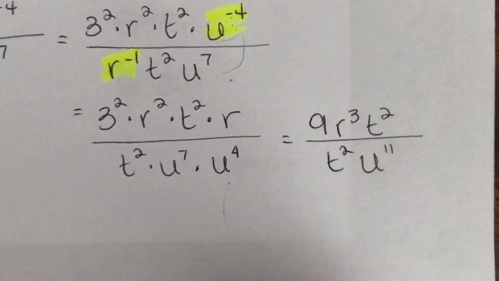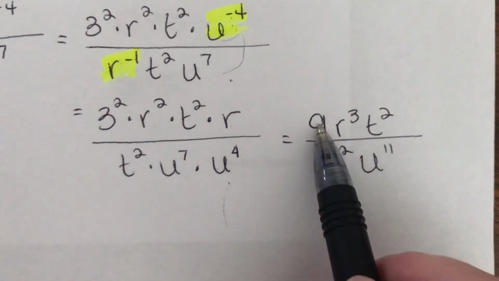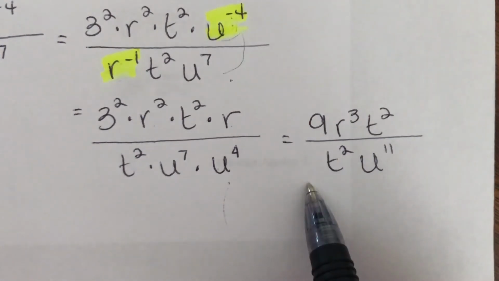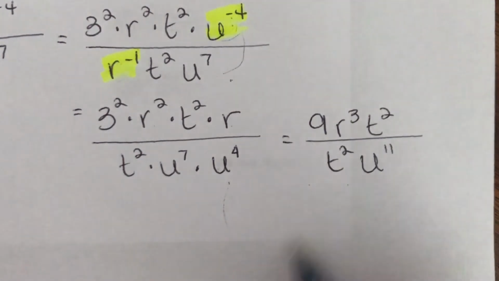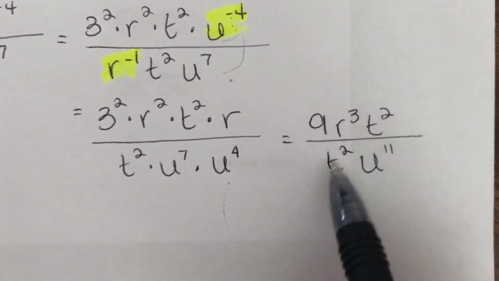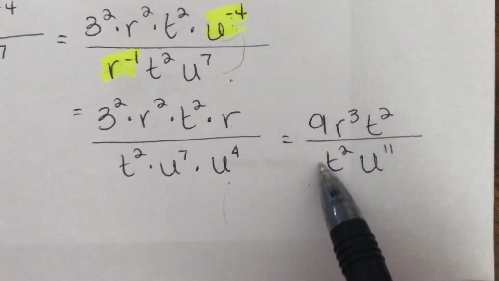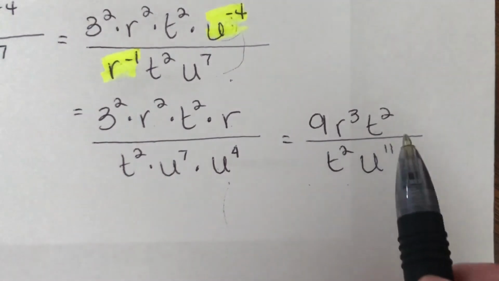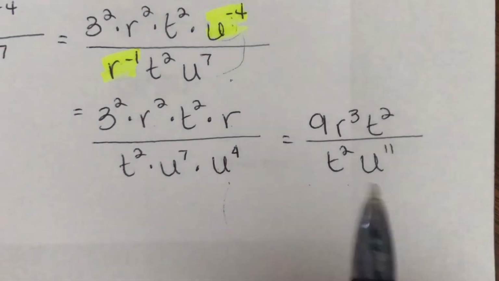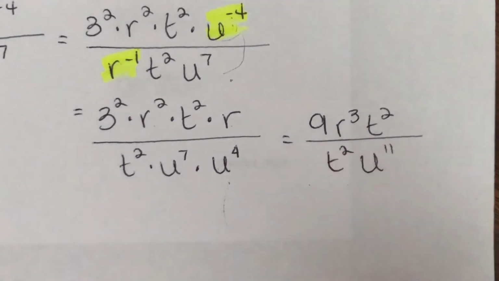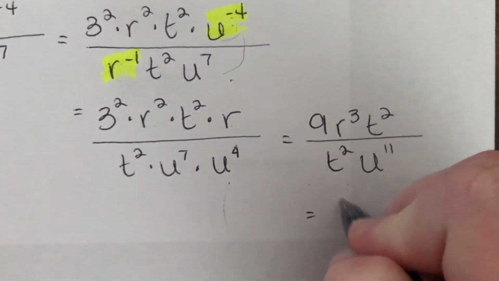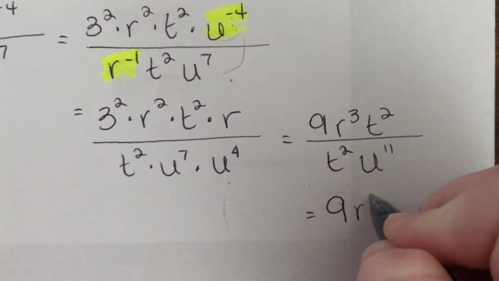Okay, can I simplify anything else? I don't have any plain numbers on the bottom, so I can't do that. I don't have any r's anywhere, can't do that, but I do have t squared, right? And then I don't have any more u's. So the only thing I can simplify is this t squared, right? And let's for a second flip-flop the t and the u, because I can do that with multiplication properties.